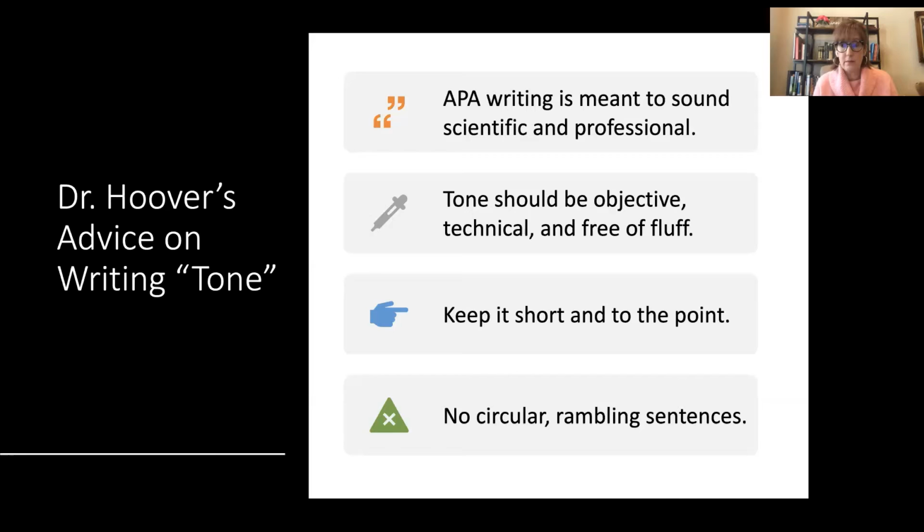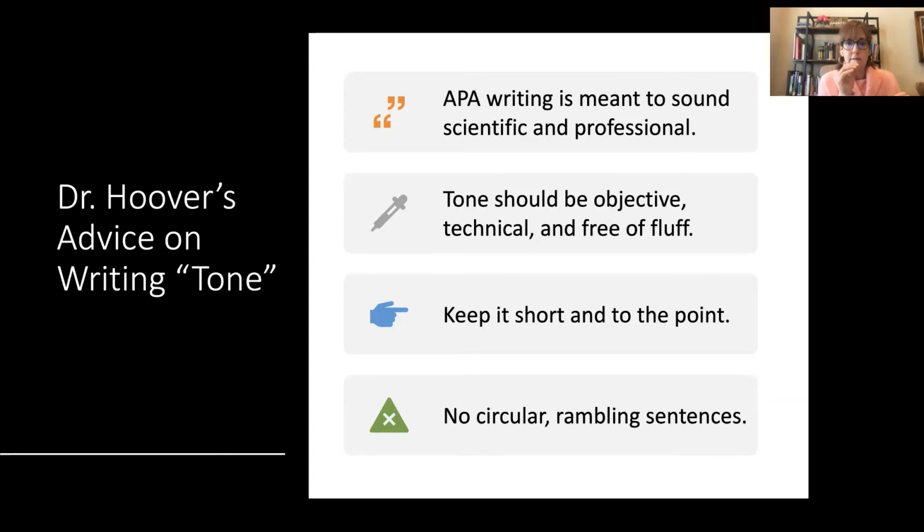And for condensing information down, this is something that if you've had a class with me, you may have seen me say in the feedback, this is very circular, think word economy. What I mean by that is that the sentence is just rambling. It's just going on and on and on.